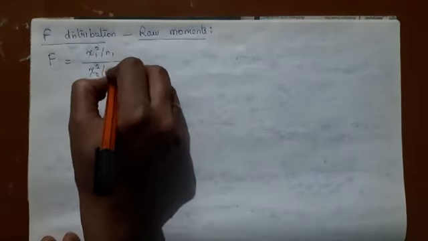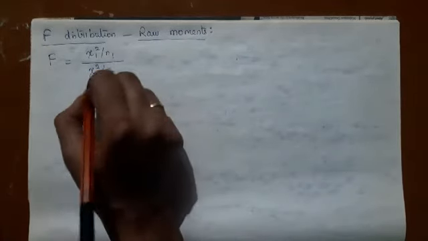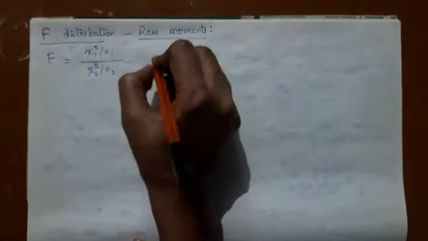Let us consider the F distribution. You know the F variate is defined as the ratio of chi-square variates divided by their respective degrees of freedom. Let χ1² be a chi-square variate with n1 degrees of freedom and χ2² be a chi-square variate with n2 degrees of freedom.